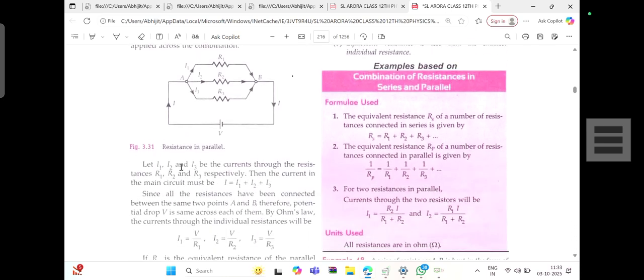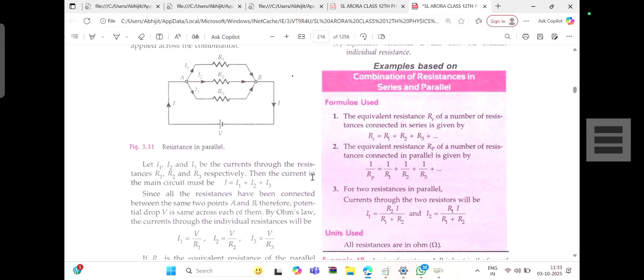Let I1, I2 and I3 be the currents through the resistances R1, R2 and R3 respectively, because the current I flowing from the positive terminal of the battery is divided at a junction point. It is divided into three parts, I1, I2 and I3.